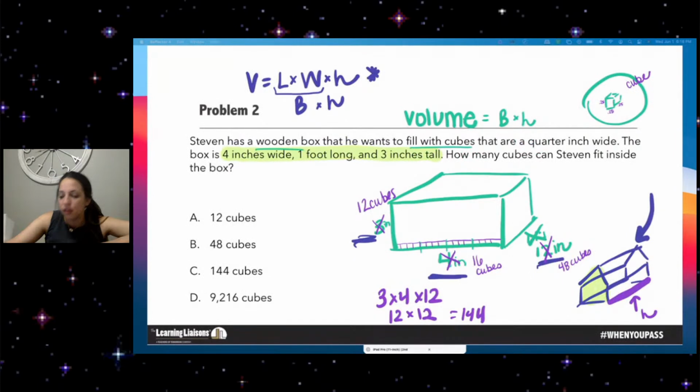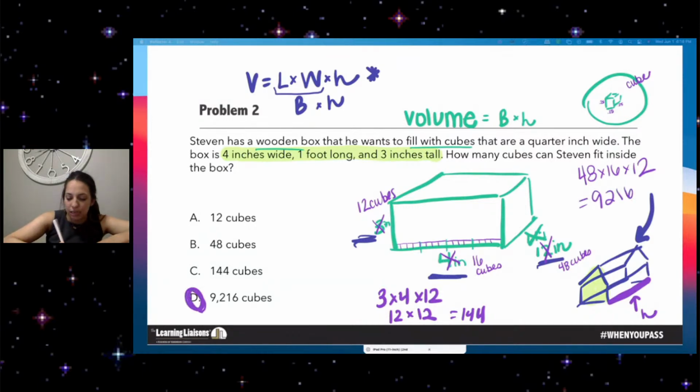Now I can take out my handy dandy calculator and multiply 48 times 16 times 12. And that gives me 9,216.